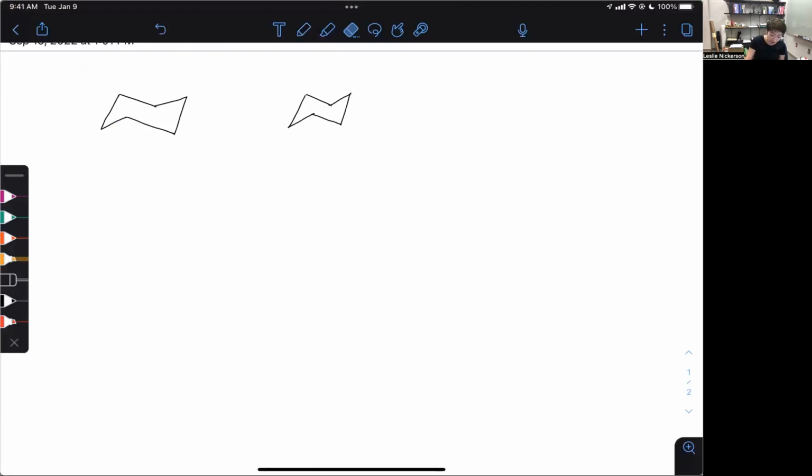If we want to draw the other chair, this is when I did that flip. Basically we're going to pull that bottom corner up and pull the top one down. So now we're going to end up with our headrest on the other side.